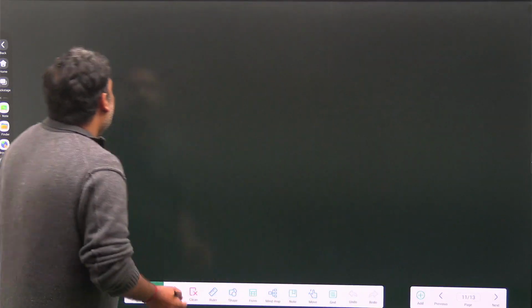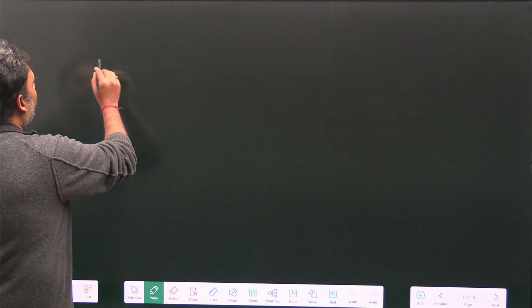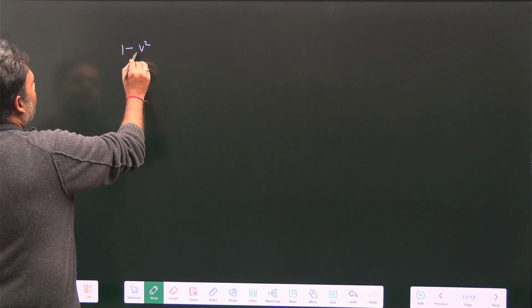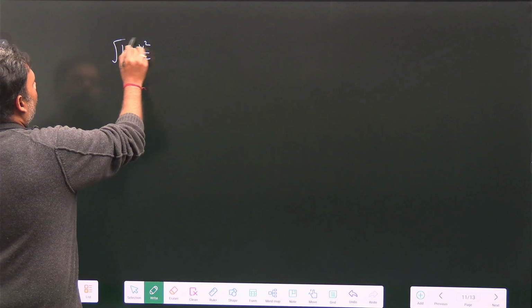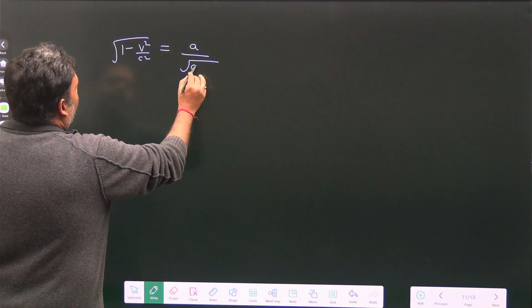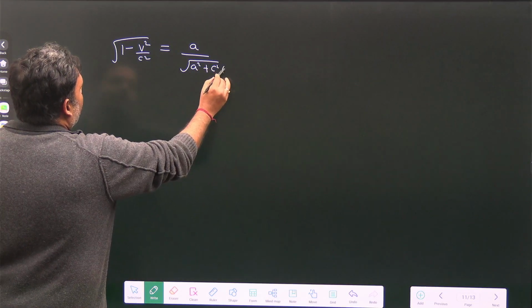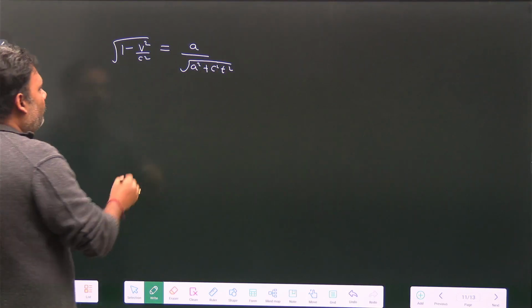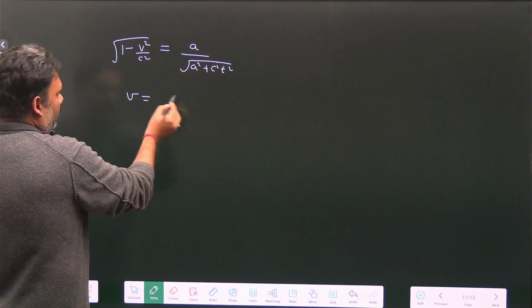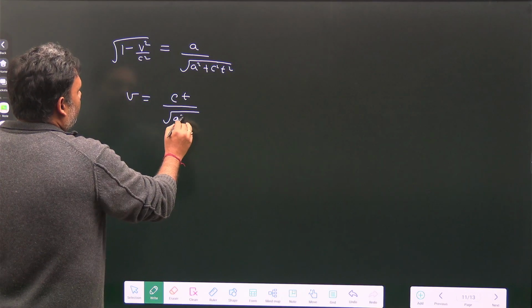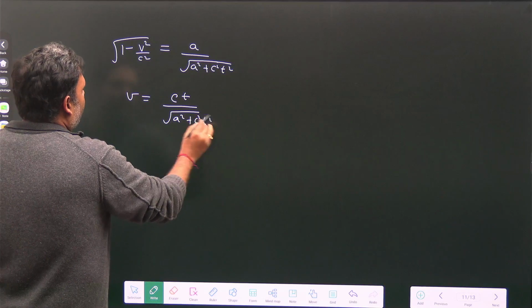So when we go to this one, what do we have? We have root under 1 minus v square by c square is equal to a upon root under a square plus c square t square. And what is the value of v? The value of v is given as ct upon root under a square plus c square t square.